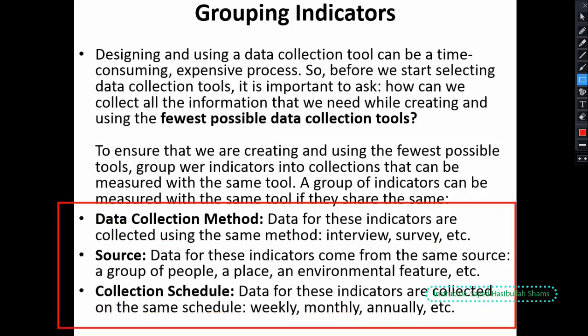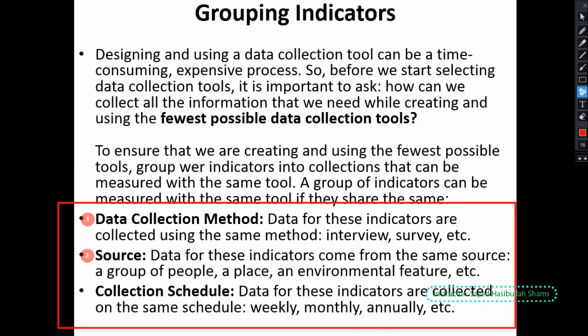First, the first one is data collection method. For example, we find there are two indicators and their data collection method is the same. It means that we can collect data for these indicators through interview. Okay, that's a good point. The second tip is source.